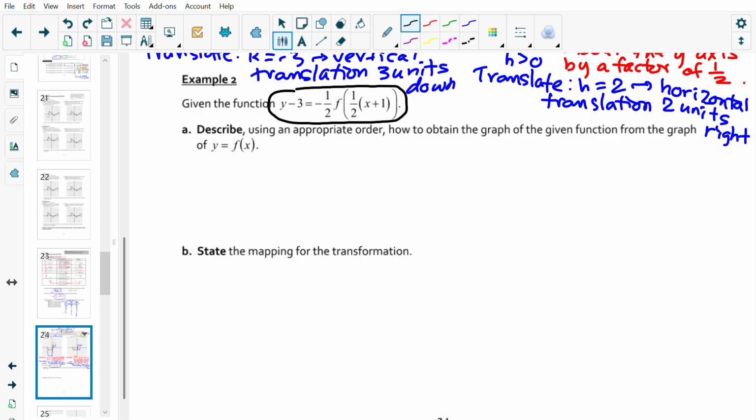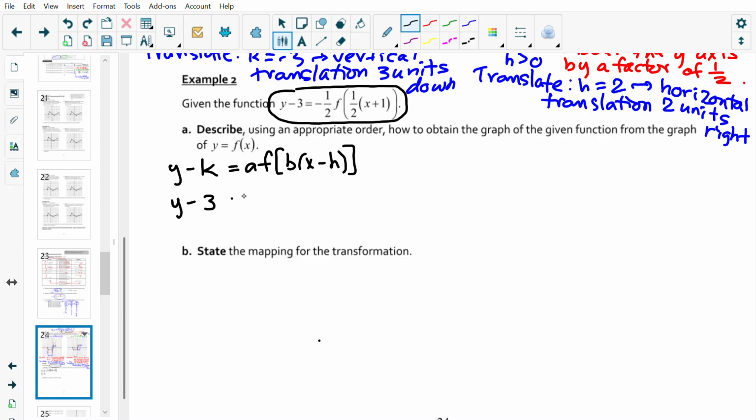Okay, what I like to do is I like to stack it. So I'm going to write our general transformation model y minus k equals a times f of b times x minus h.